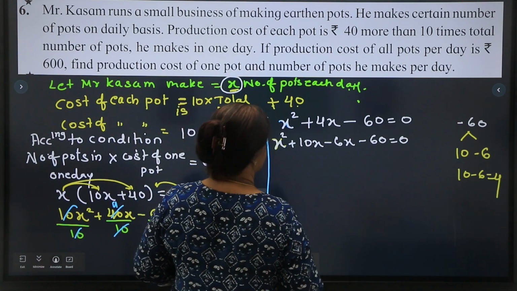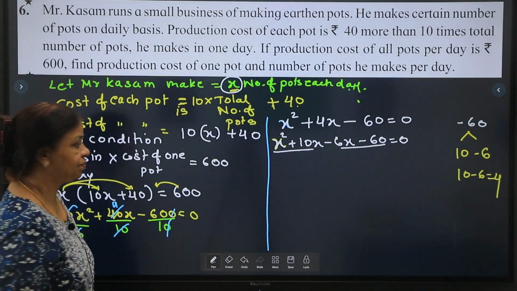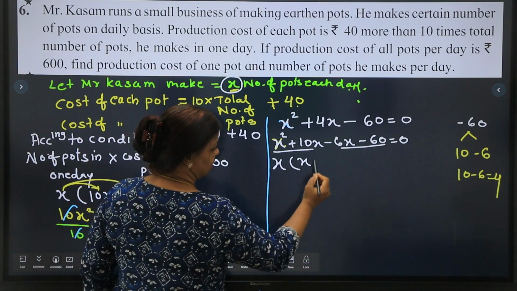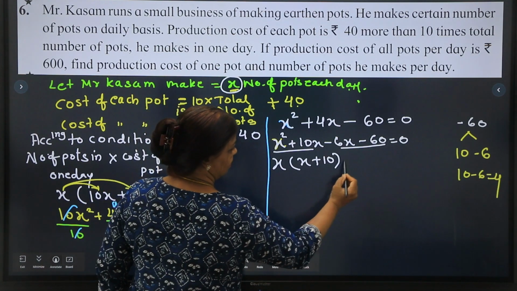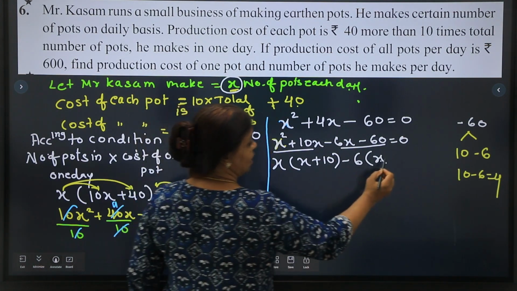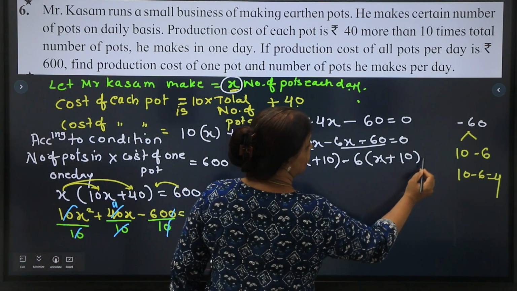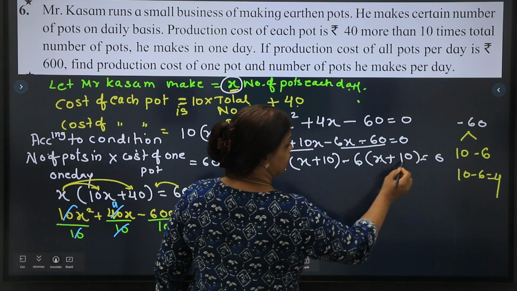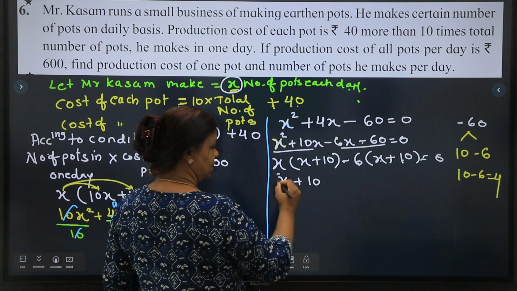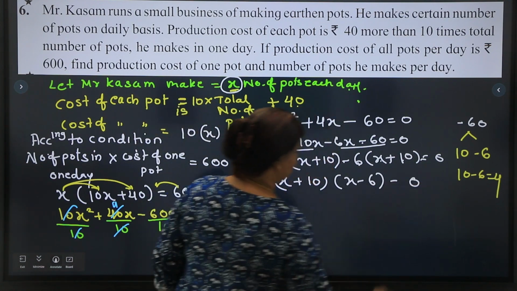Select common terms. x into x plus 10, minus 6 into x plus 10, is equal to 0, because 6 tens are 60. So x plus 10 and x minus 6 is equal to 0.